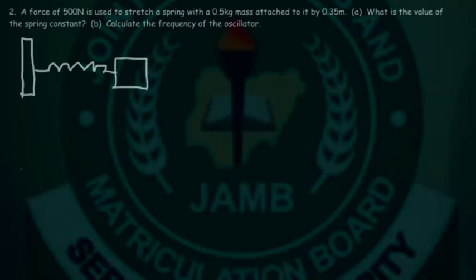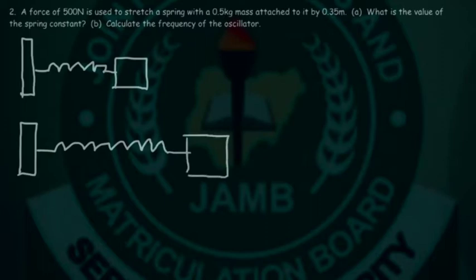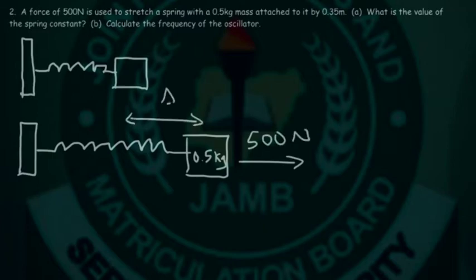Now we're going to stretch the spring using a force. And so this is a 0.5 kilogram mass. And at this point, we're applying a force of 500 newtons to stretch it by 0.35 meters.